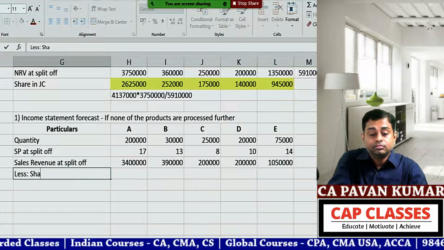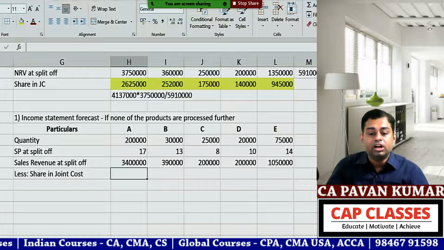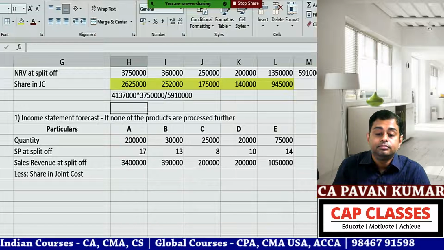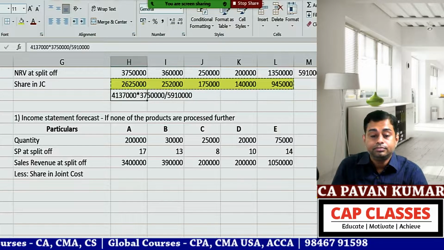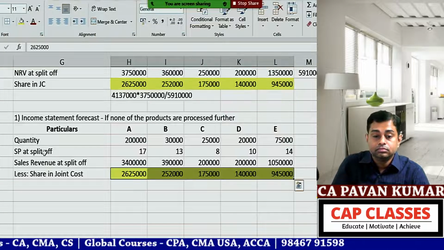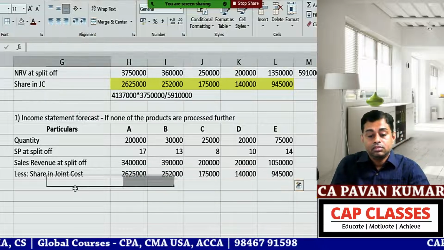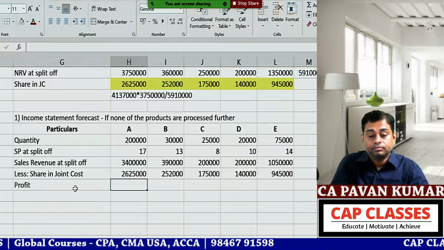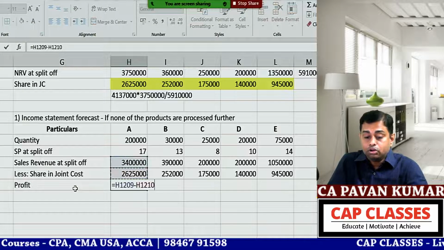Less, share in joint cost. So tell me what is the share in joint cost. These are the numbers. Now profit. Calculate and tell me how much the profit is.